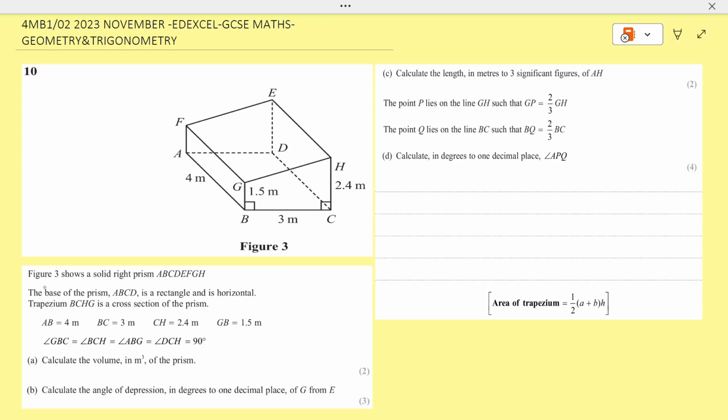So question A says that figure 3 shows a solid prism ABCDEFGH. The base of the prism, ABCD, is a rectangle and is horizontal.